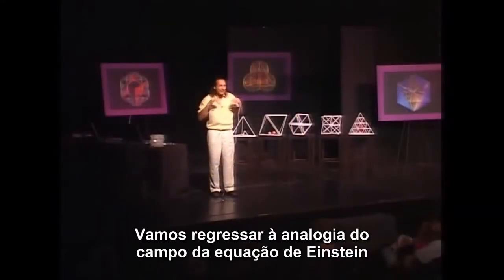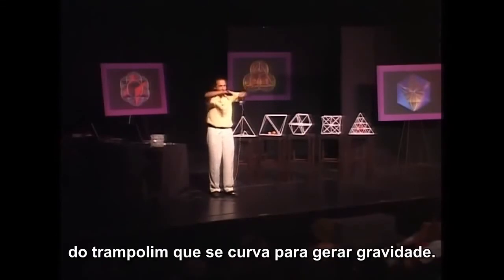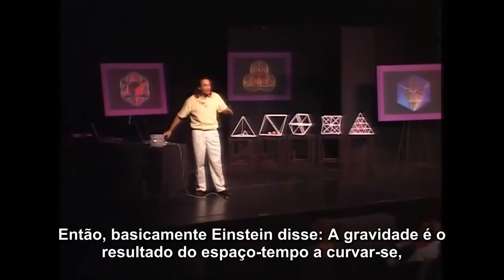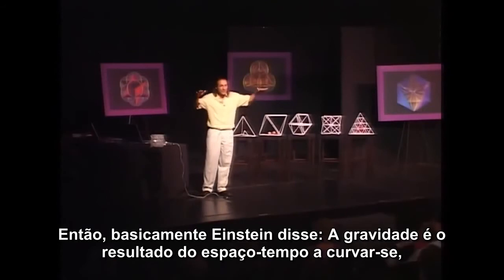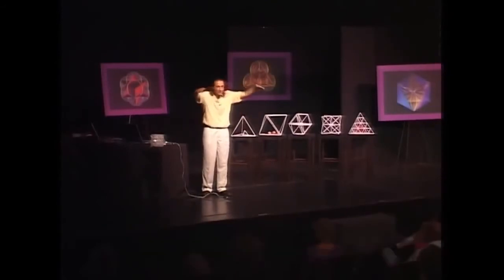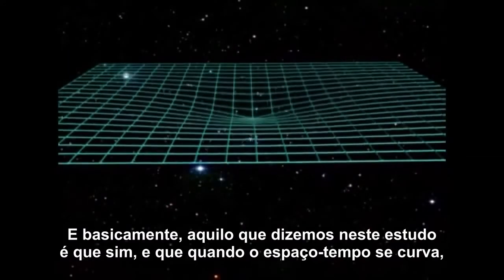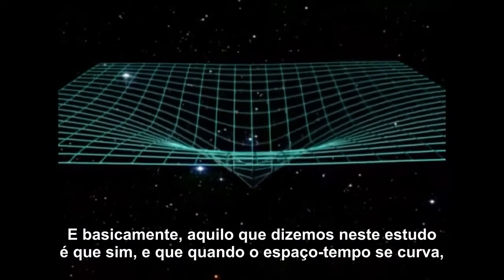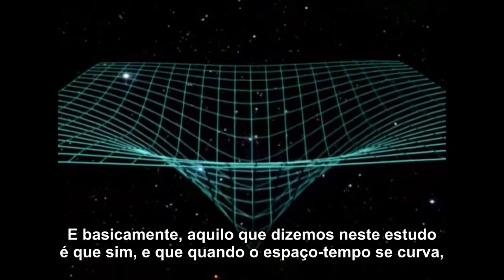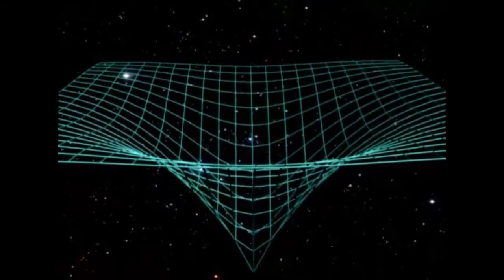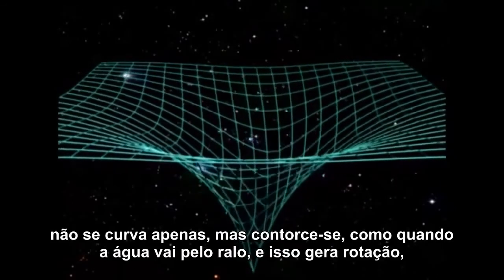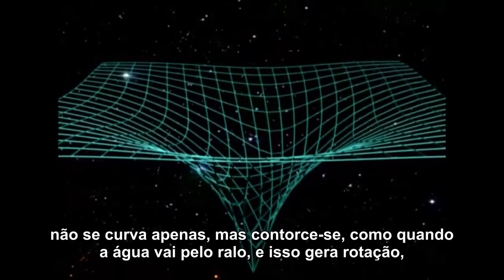Let's go back to the analogy of Einstein's field equation of the trampoline curving to generate gravity. Basically, Einstein said gravity is the result of space-time curving like the surface of a trampoline. And what we say in this paper is that yes, and when space-time curves, it doesn't just curve, it curls, just like water going down the drain.